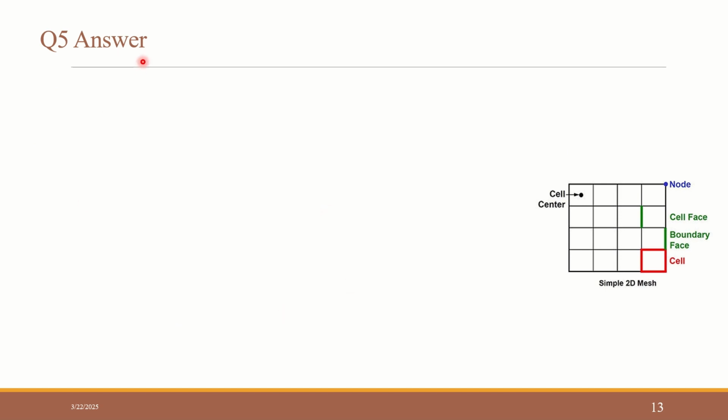So here is the question 5 answer. We will see how we got around 1 percentage. Before the percentage, we need to know how many elements are non-zero.